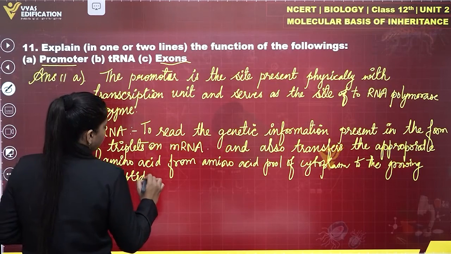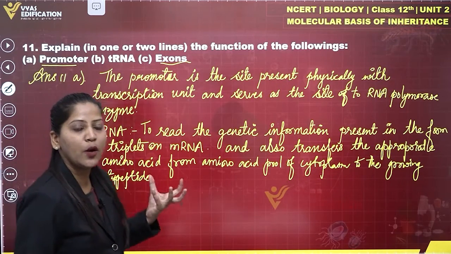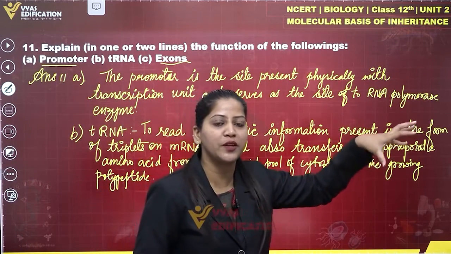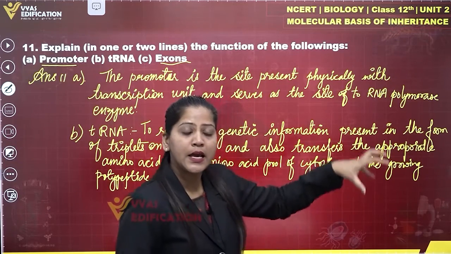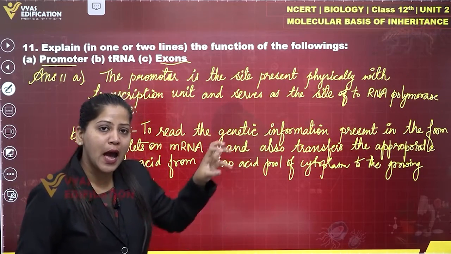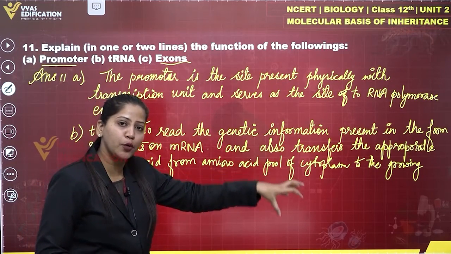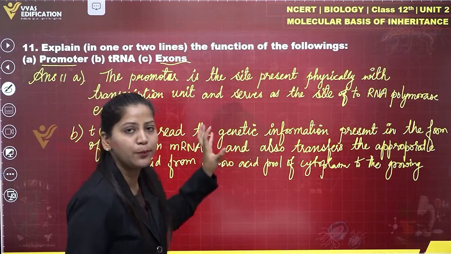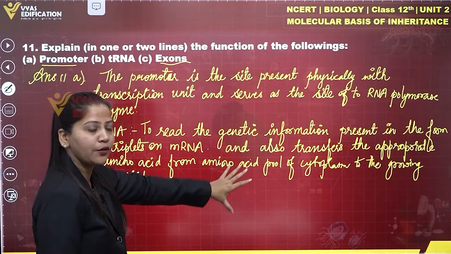So what is the function of tRNA? It takes the amino acid from the amino acid pool present in the cytoplasm of a cell and transfers that particular appropriate amino acid to the growing polypeptide chain.